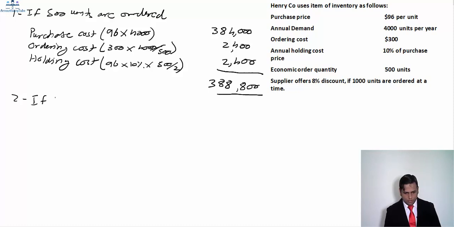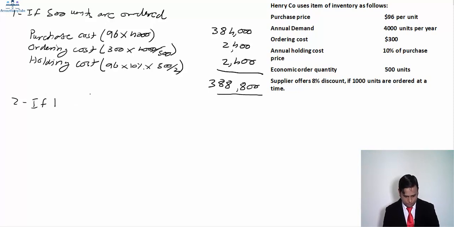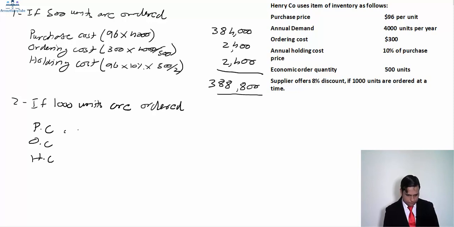So the second scenario is if 1000 units are ordered. Again we need to compute purchasing cost, ordering cost, and holding cost.